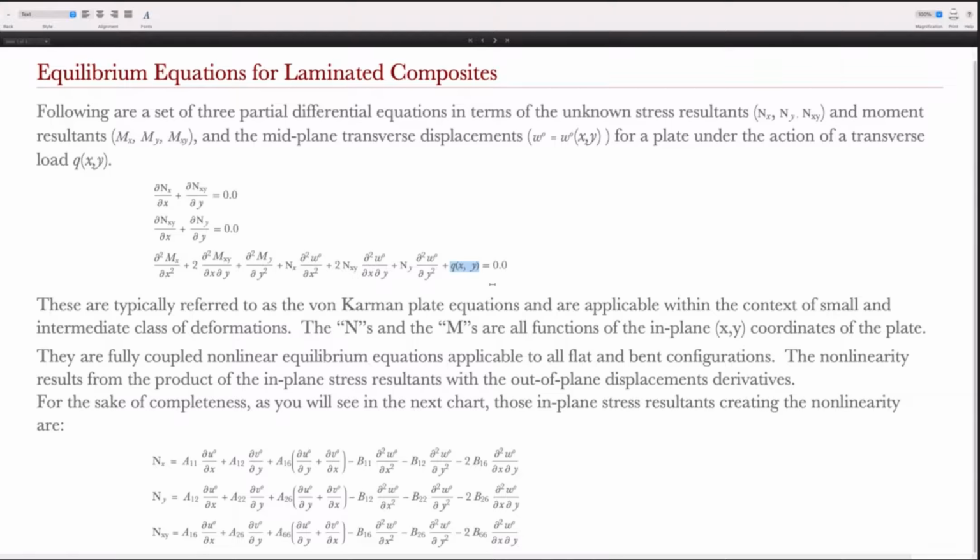So the out-of-plane loading q is a function of x and y. And these Nx, Ny, and Nxy are further related to the displacements through these equations at the bottom. These come from actually the next chart.